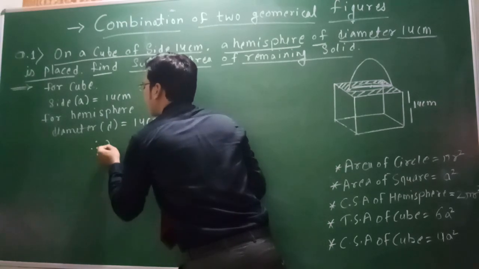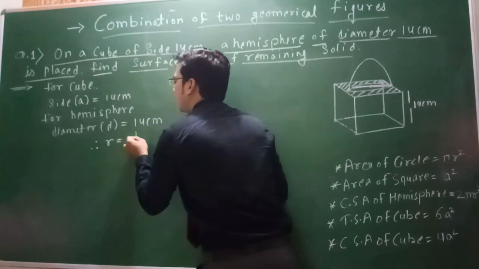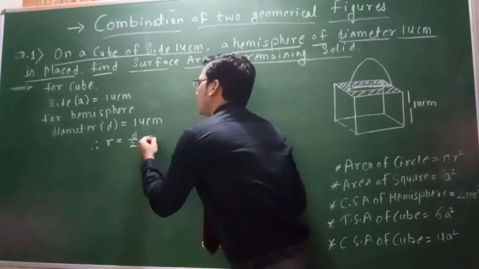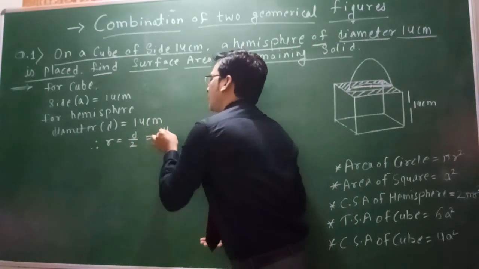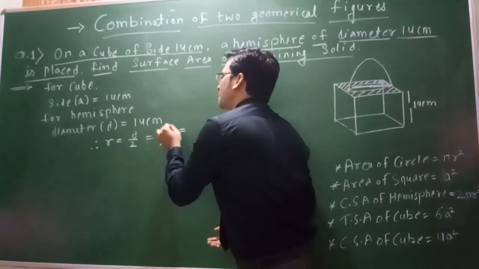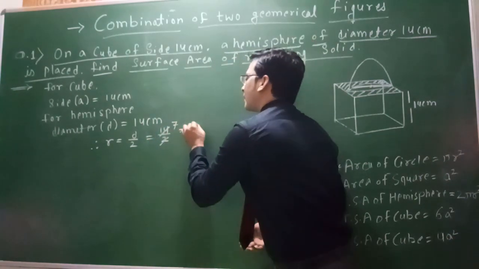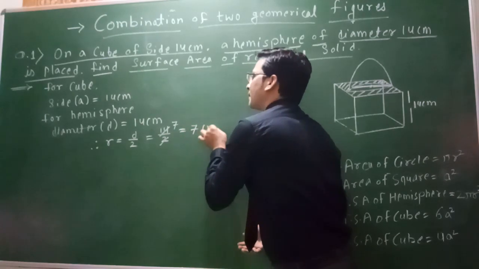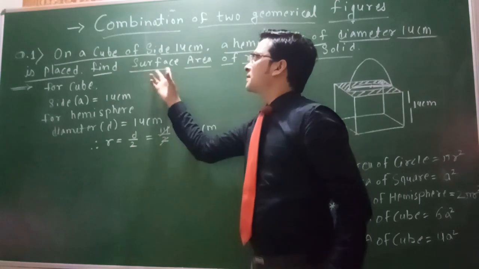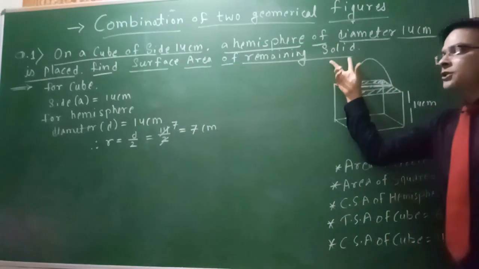Therefore radius will be diameter upon 2, half of the diameter. The value of diameter is 14 divided by 2. If we solve this, 2 7s are 14, so radius will be 7 centimeter. Now next, we need to find the surface area of the remaining solid.